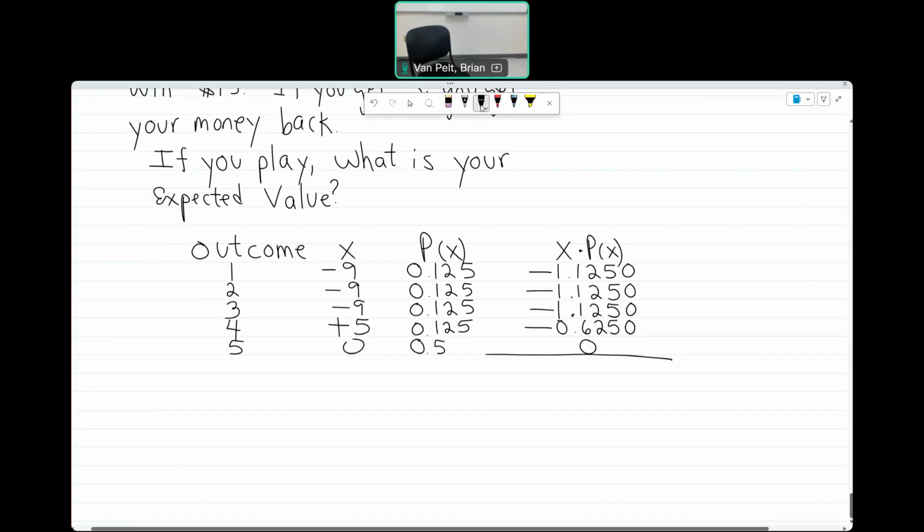So this is the guy that's gonna tell me when you add this up, that's the expected value. That's the formula for the expected value, just add those numbers up.